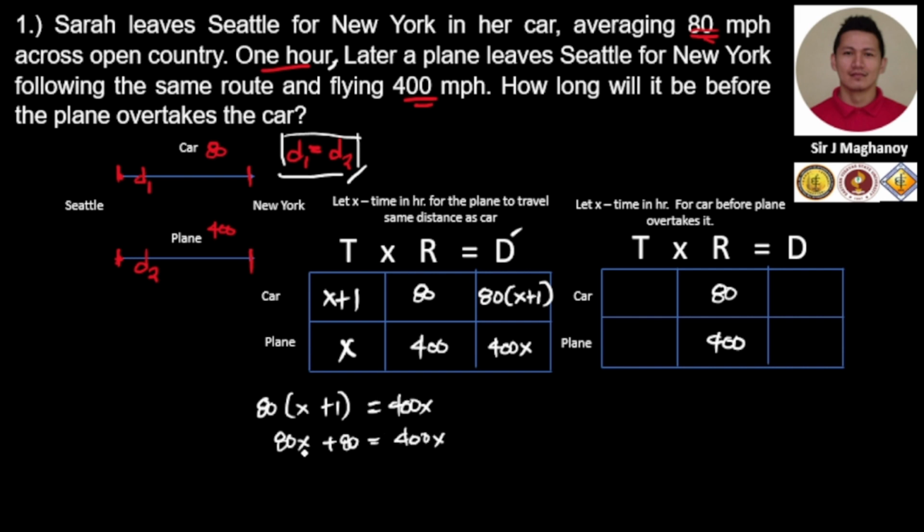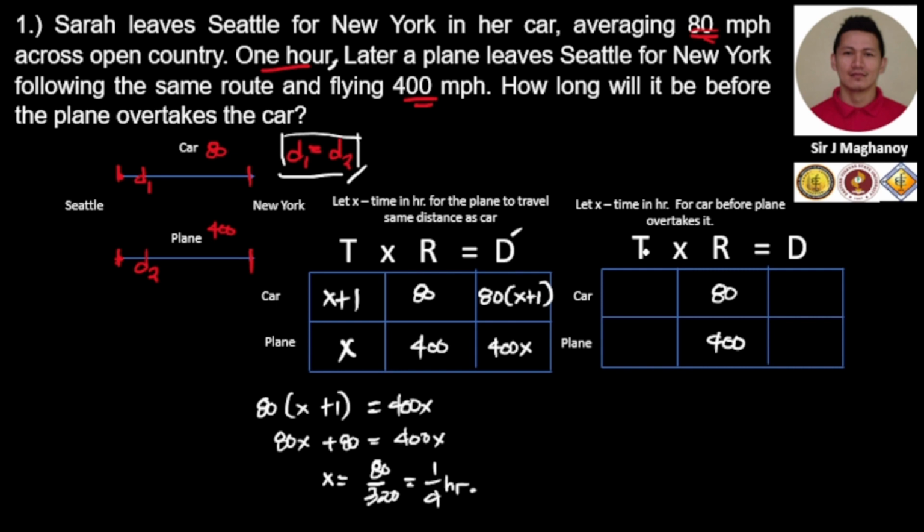Transpose 80x to the other side, that will become 320x. Therefore, our x is 80 over 320, or equal to 1/4. So 1/4 hour is the time in hours for the plane to travel the same distance as the car. Of course, at that time, the plane will overtake the car.